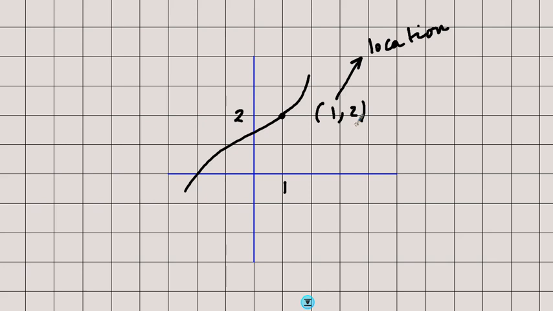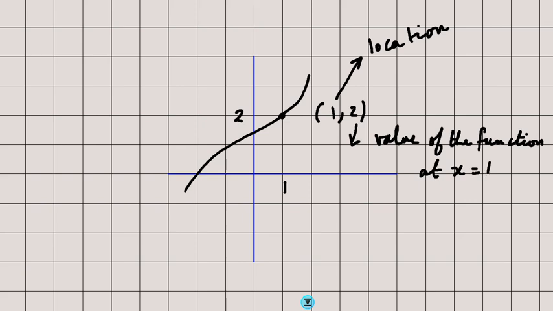And for the 2, we say it is the value of the function at x equals 1.